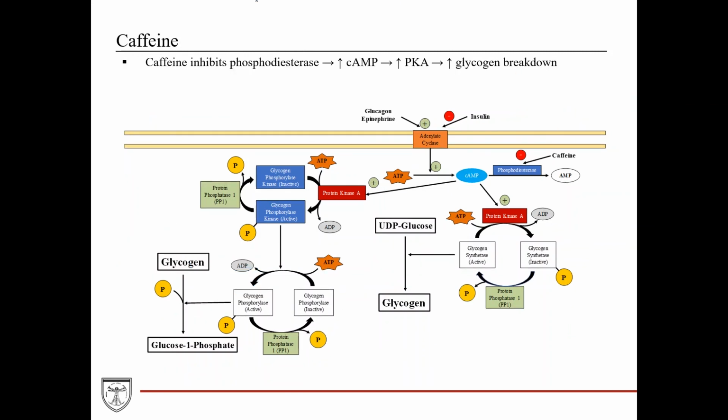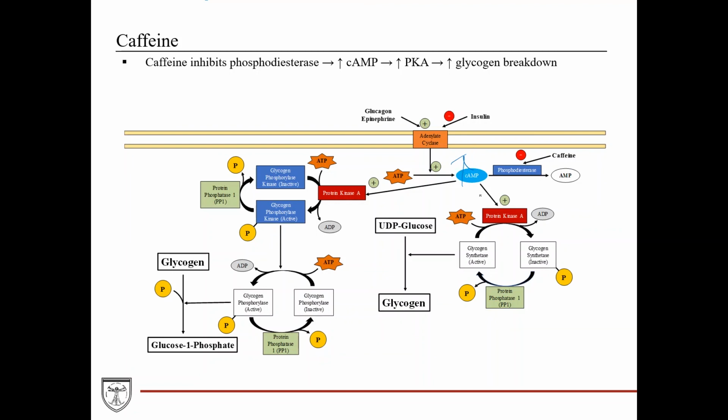And then lastly here, we'll just mention that caffeine plays a small role here as well. And this can actually show up on tests, both biochem exams, board exams. So it's definitely something that should not be ignored. And so caffeine, as we show here, inhibits the enzyme phosphodiesterase. Phosphodiesterase breaks cyclic AMP down into AMP. So by inhibiting phosphodiesterase, you maintain that level of cyclic AMP at an elevated state for longer.